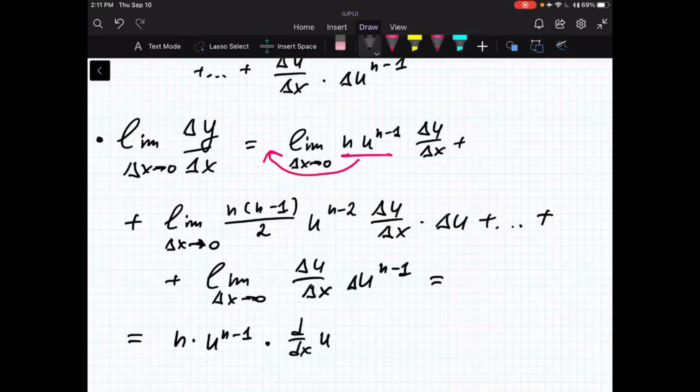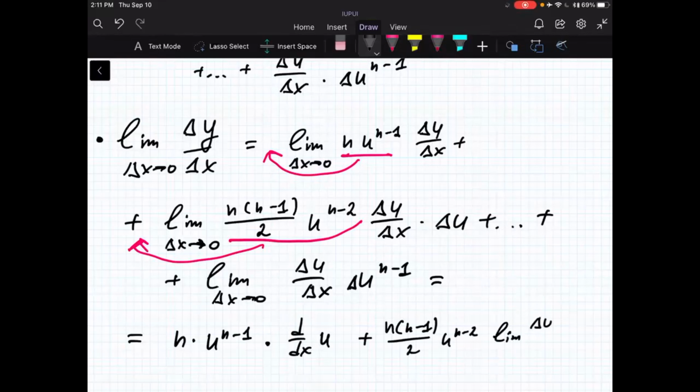Then what happens with the next one? Again, this whole expression doesn't depend on delta x, so I can put it in front. So I get n minus 1 divided by 2 u to the power n minus 2, and then the limit of delta u over delta x times delta u.